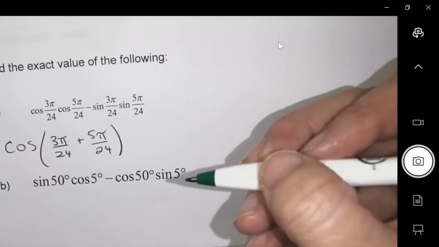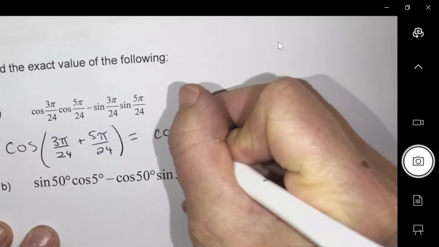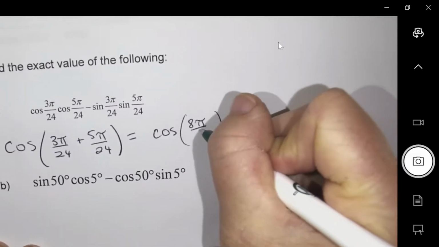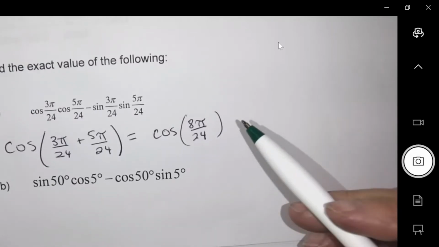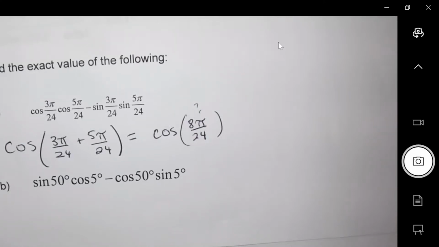So find the exact value, so we're looking for a trig value. So cos of 8 pi over 24. Okay, I added the 3 and the 5 there. I don't feel like I recognize that angle right now. Right?